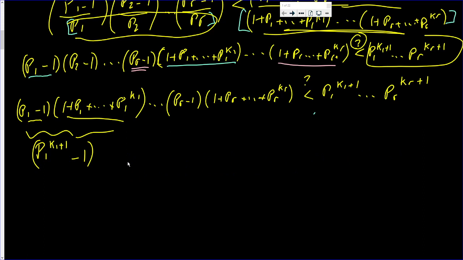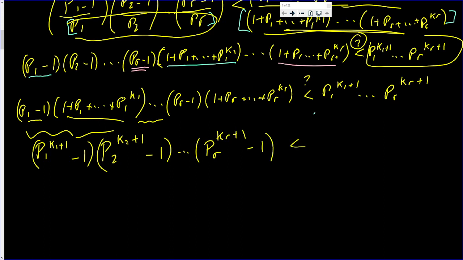We're going to have the next one, which is in here. We're going to have p2 to the k sub 2 plus 1 minus 1. All the way down to p sub r to the k sub r plus 1 minus 1. And this is supposed to be less than this.